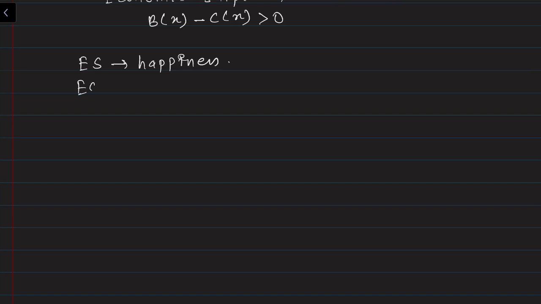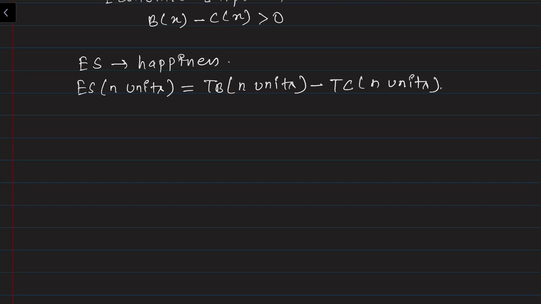So the economic surplus of n units is equal to total benefit of n units minus total cost of n units.